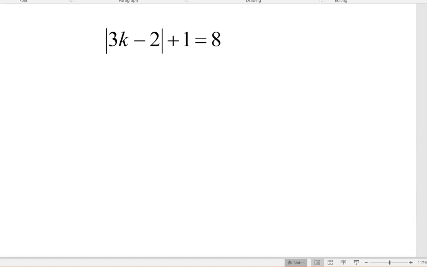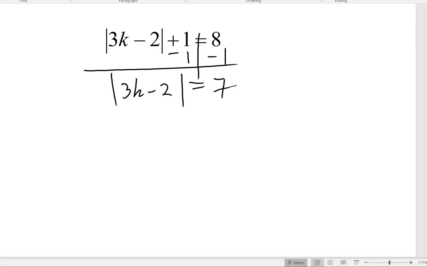Looking at this, split it. 3k minus 2 stays the same. Oops, I'm about to do it. Well, and see, this is where I was like, well, what do I do with the plus 1? Well, we shouldn't have done anything, because I can't split it until we isolate that absolute value. So 3k minus 2 equals 7.